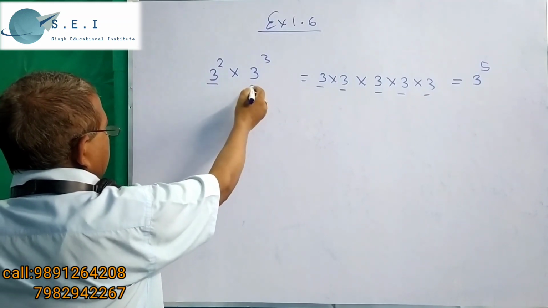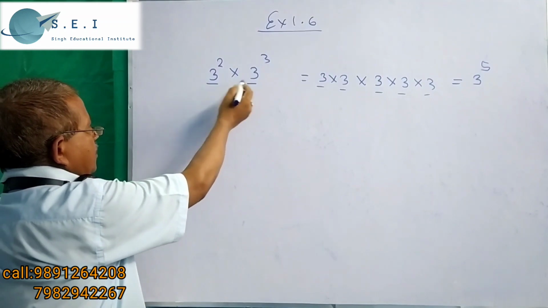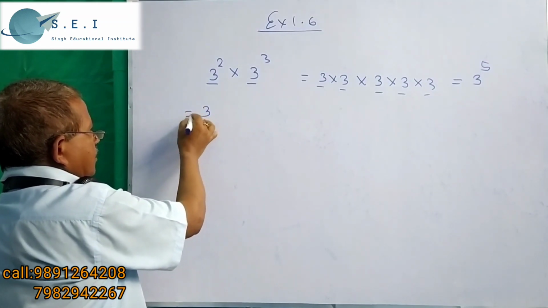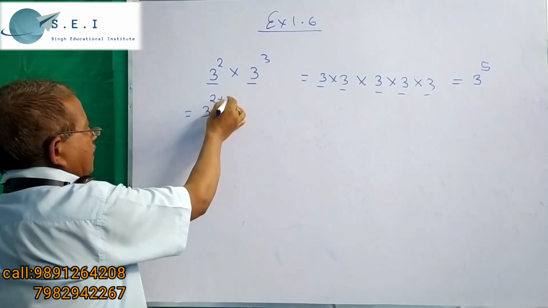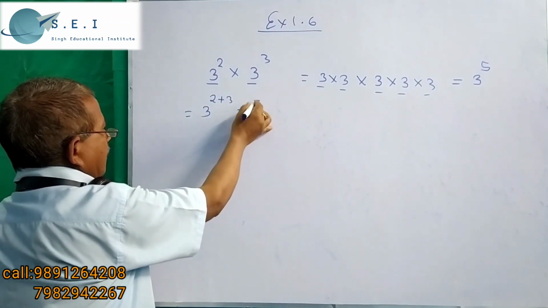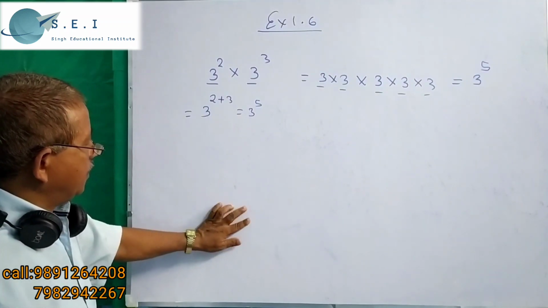Like this, the number is getting multiplied and the base is same, therefore the answer is the same base and the powers are added. This is equal to 3 to the power 5. These are the rules of exponents.